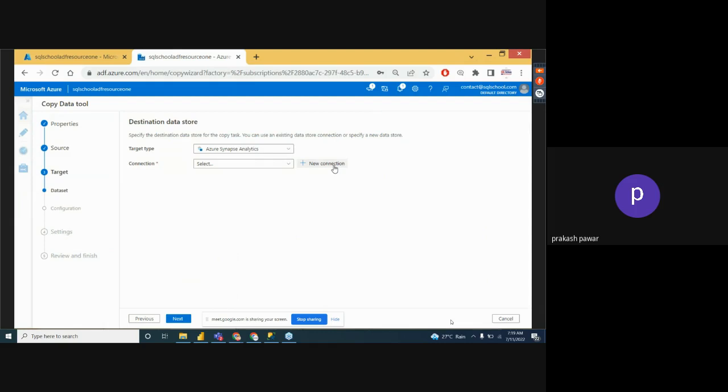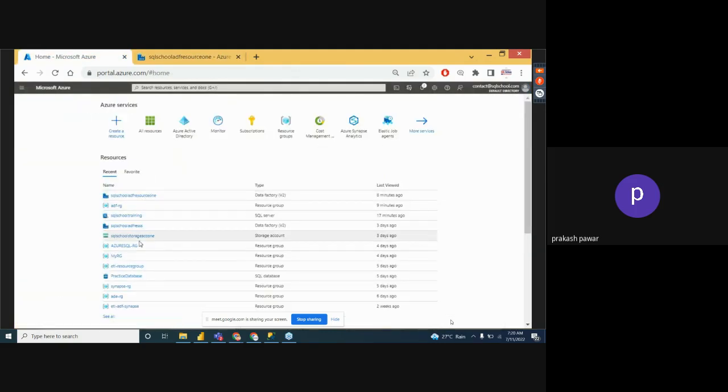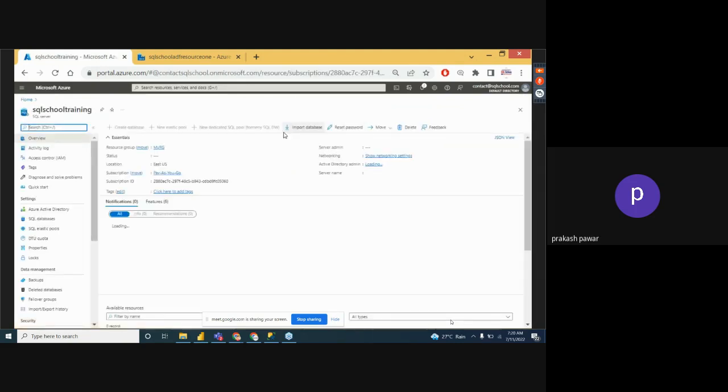Are we clear now? There we say SQL pool. Here we say connection, Synapse. Instead of SQL server, it will say SQL pool, right?